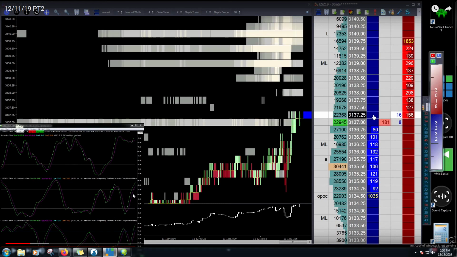Like this one went into an oversold area where this one didn't. The risk, I announced it. I mean, it did go against me, but really the risk is going to be 2.